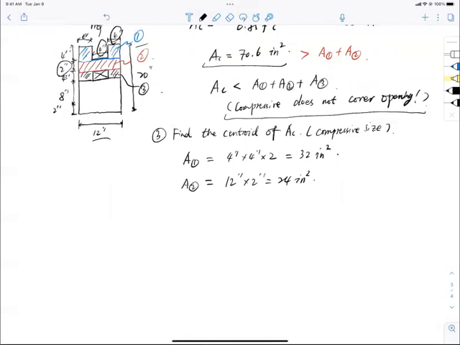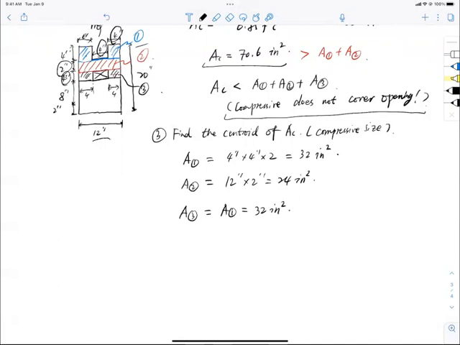Now A3 would equal 4 inch on the side, and this is another 4. So it's just like A1, equal to A1, and that is 32 inch squared. So you do the calculation, 32 multiplied by 2 is 64, plus 24, that is 88.